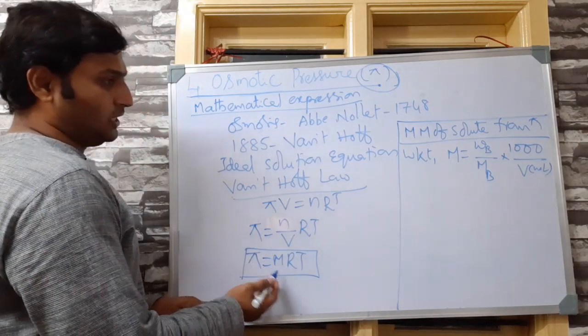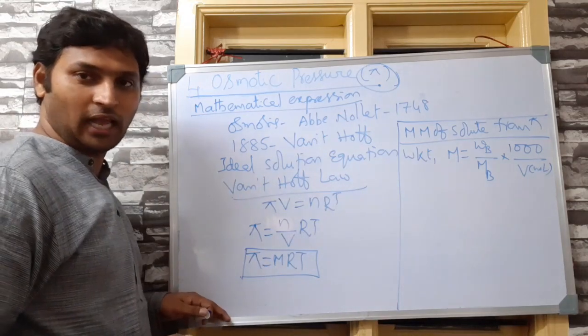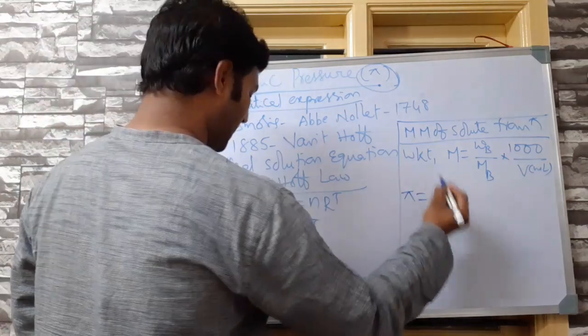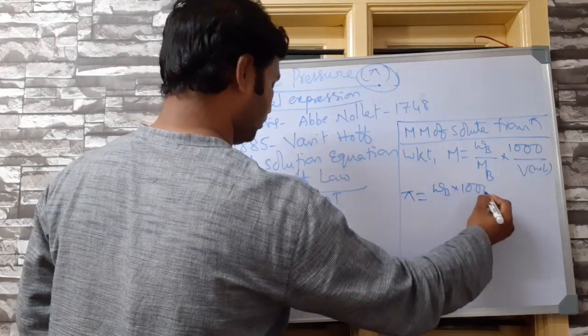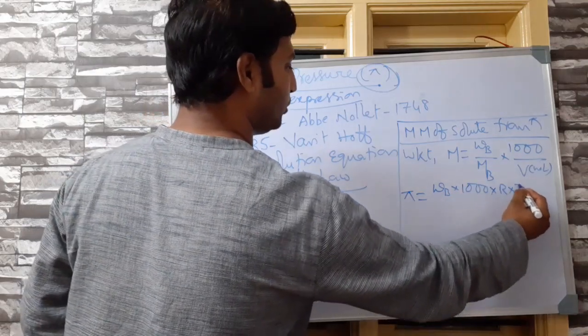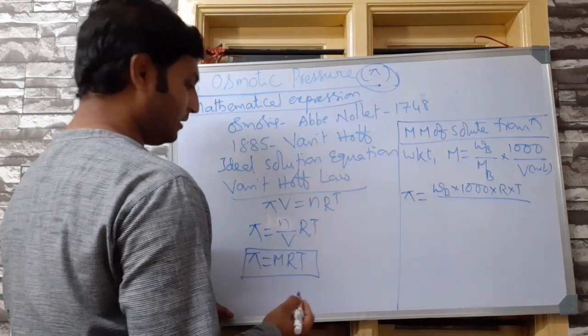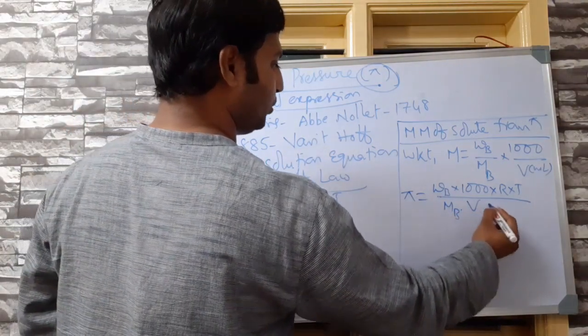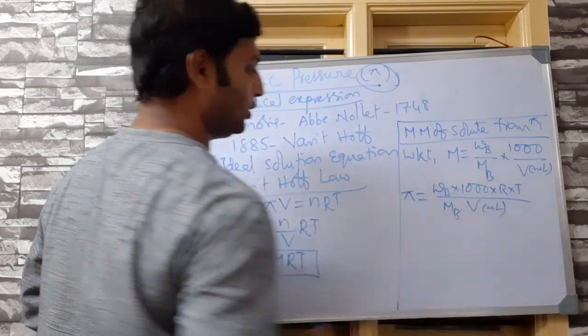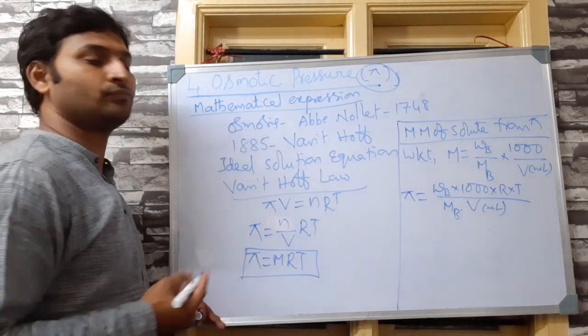Now in this expression, you substitute the expression for molarity. Pi is equal to WB into 1000 into R into T divided by MB into volume of solution in ml.